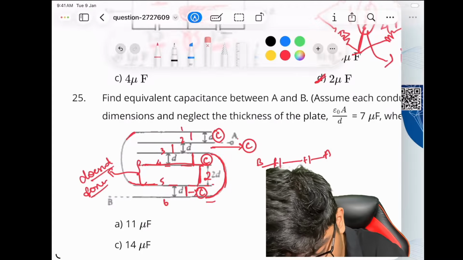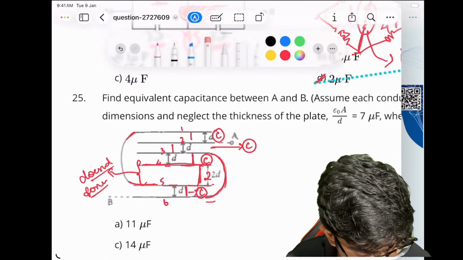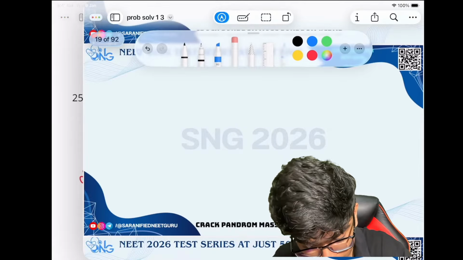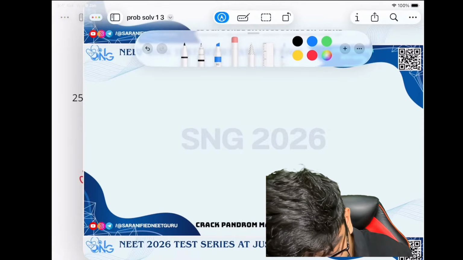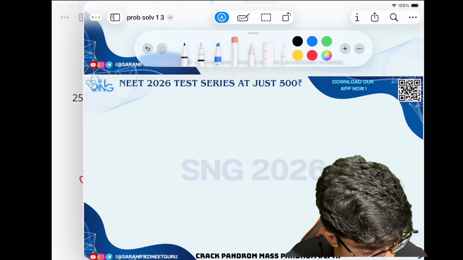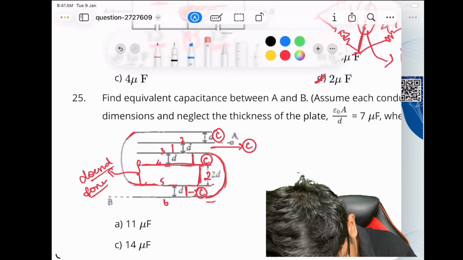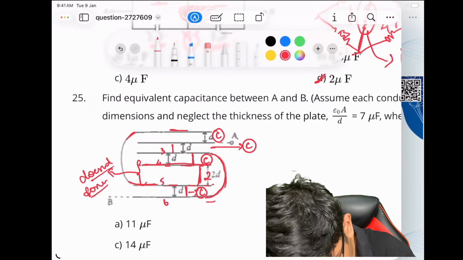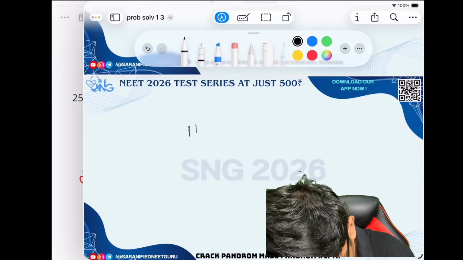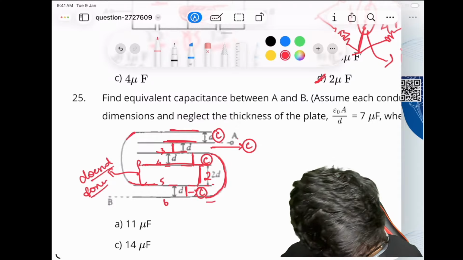I think this is confusing here, just a minute. Let me draw it in this one. Okay, so top capacitor, this one, these two. Then this one, it forms a capacitor.